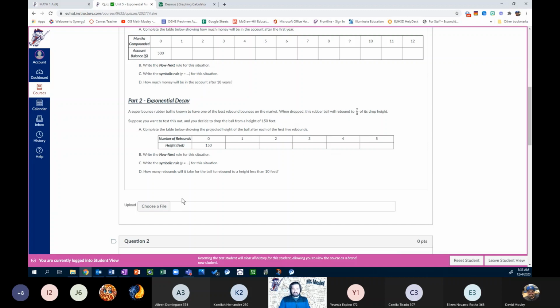You're not going to type it directly in here for these 2 questions. If you want to do it on paper, take a picture and upload your picture. If you want to do this in a Word document or a Google document, you can do that as well. Just make sure you're uploading those files as your submission.